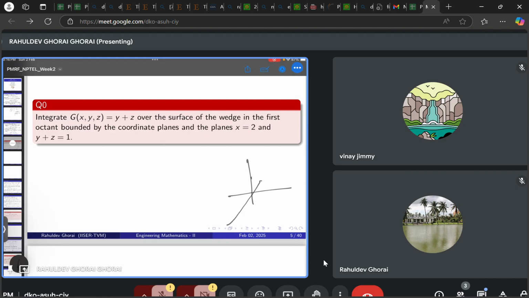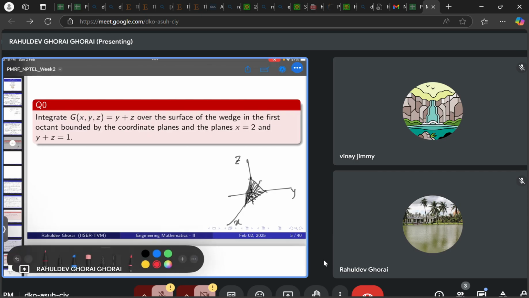integration over planes like this. I mean, if you can understand, this is x, y, z. First is the xz plane, and then the xy plane, and then this is the zy plane, and then you also have this whole plane, I mean, the x+y+z plane also.